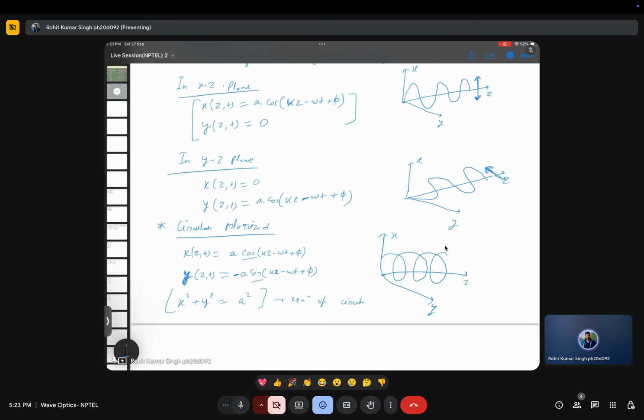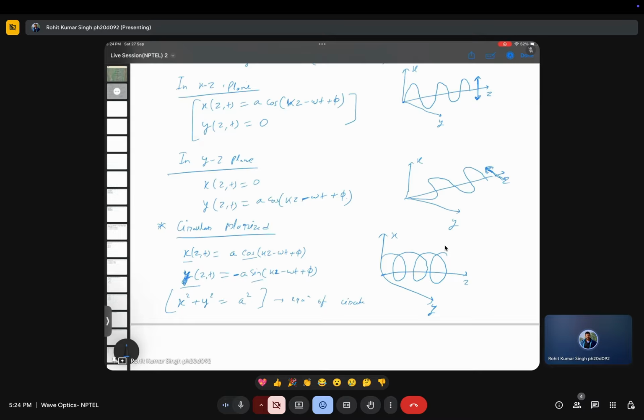So when you have a variation of x and y like this, then x and y will trace a circle. Each point on this string is part of an equation of a circle. That's why we can say that it is a circularly polarized wave.